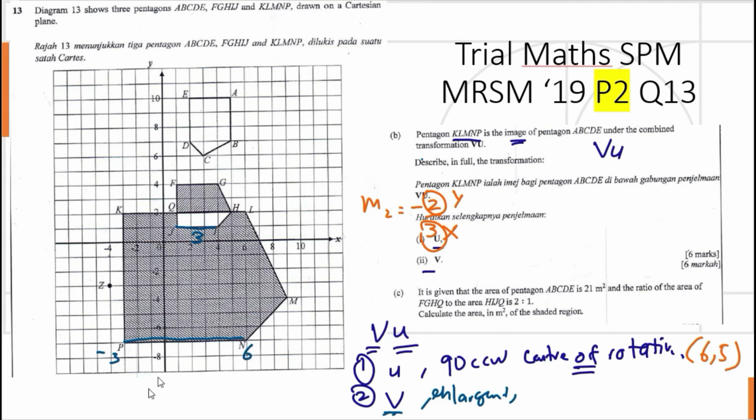So the length is 6 minus -3, which is equal to 9. So this is 3 and this is 9. So enlargement scale factor of 9 over 3 is equal to 3. So enlargement is image over object. So this is 3. So now we need to know what the center of enlargement is.